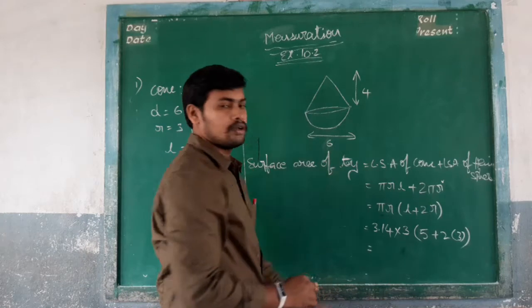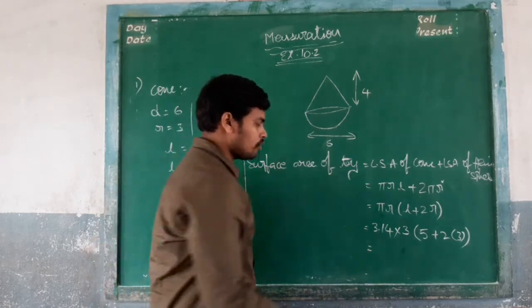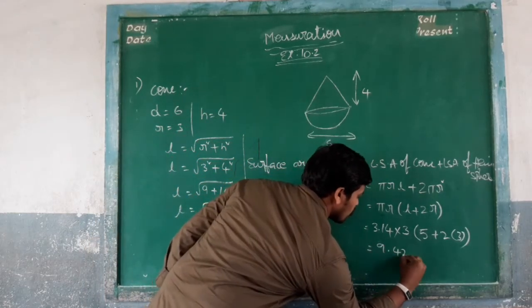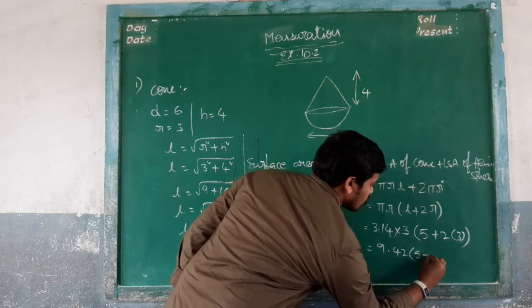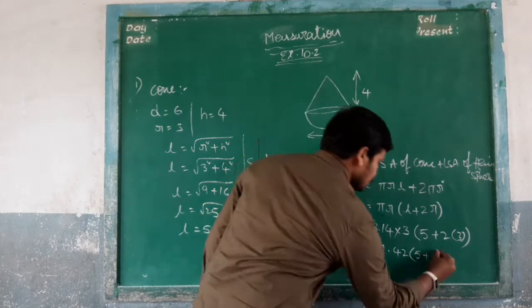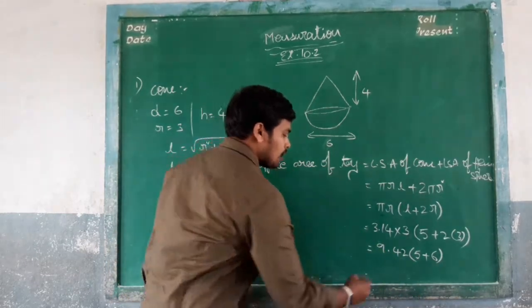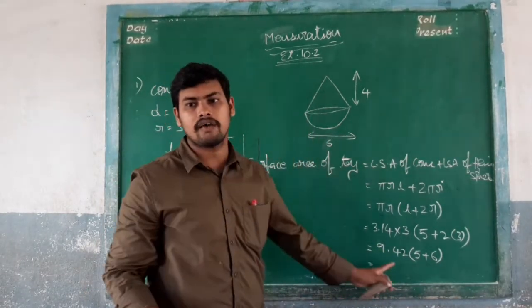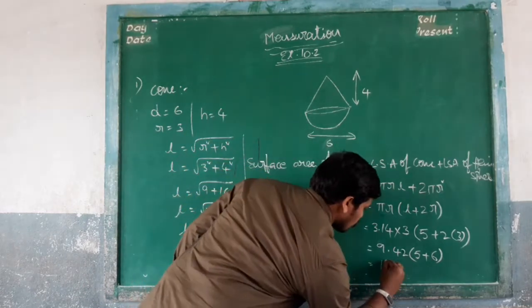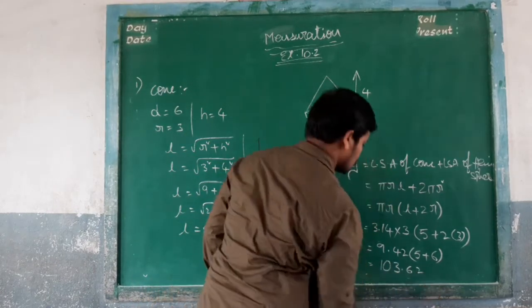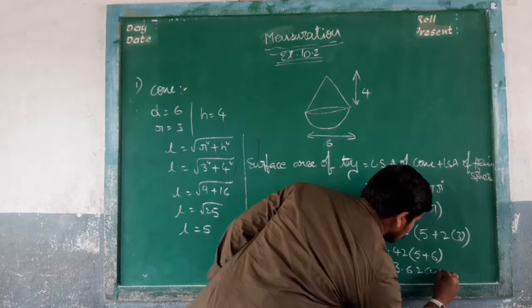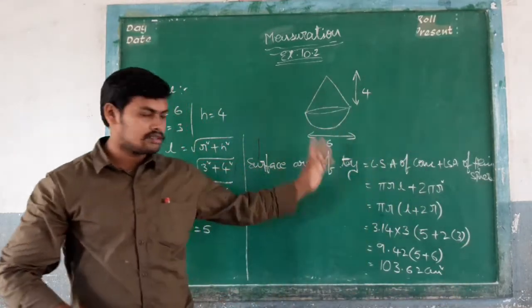So 9.42 into 5 plus 6, which is 11. 11 into 9.42 is 103.62 centimeter square.